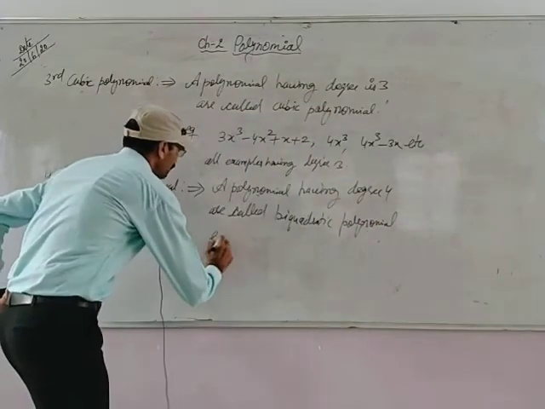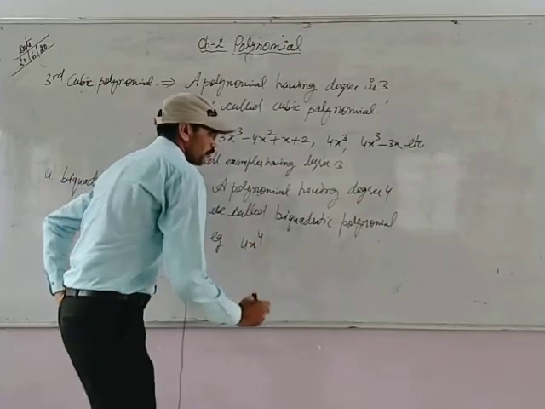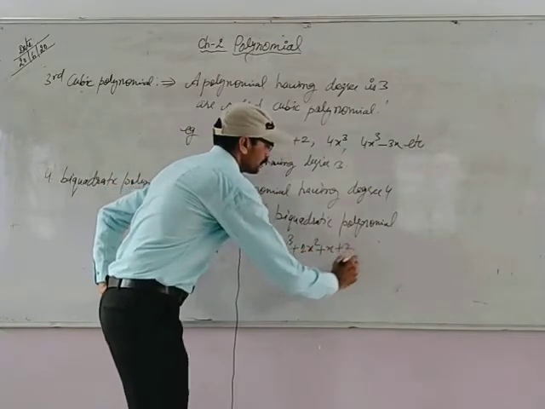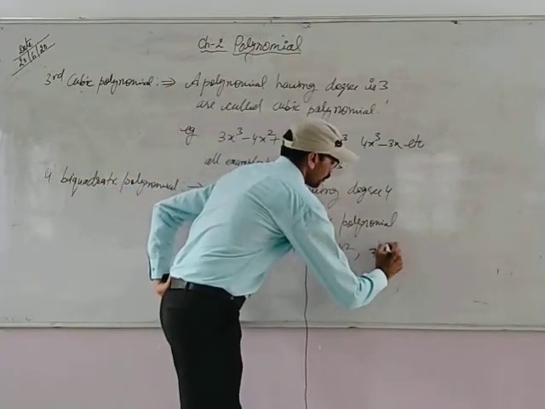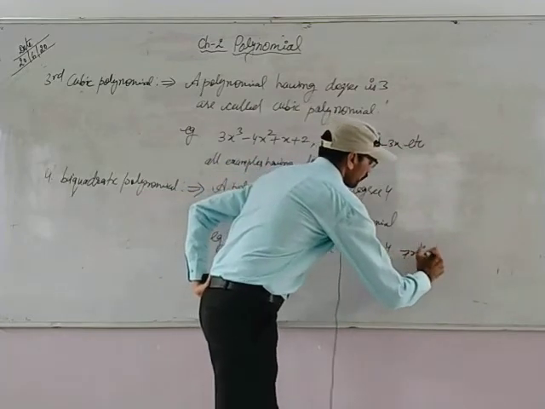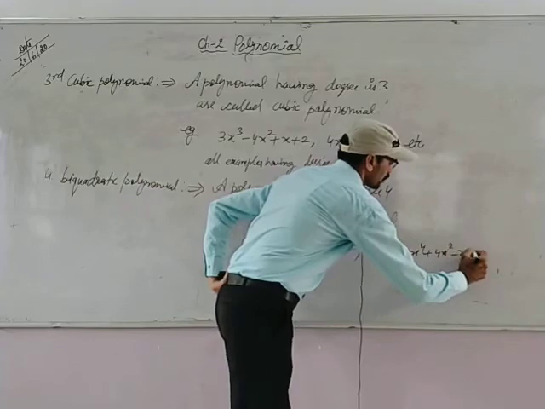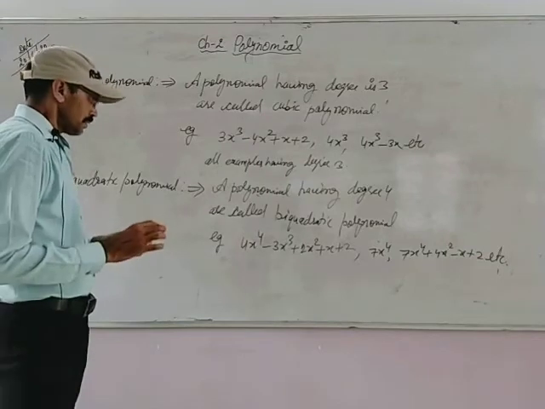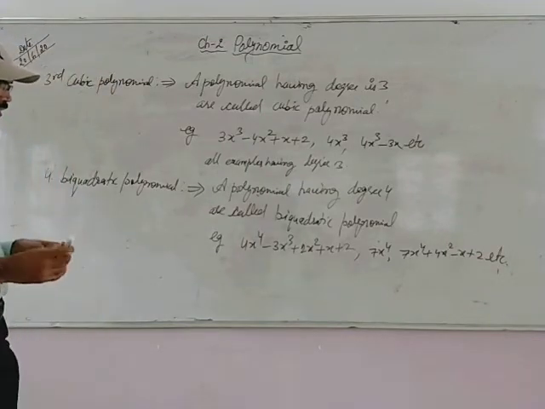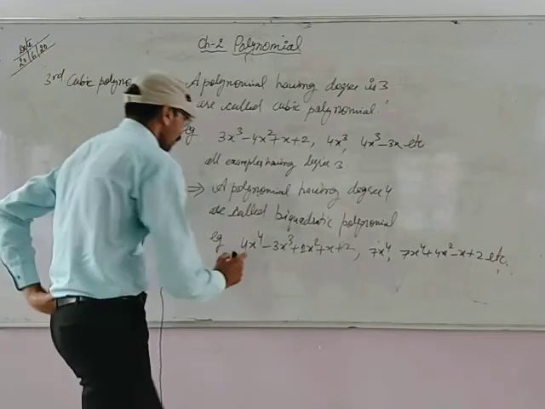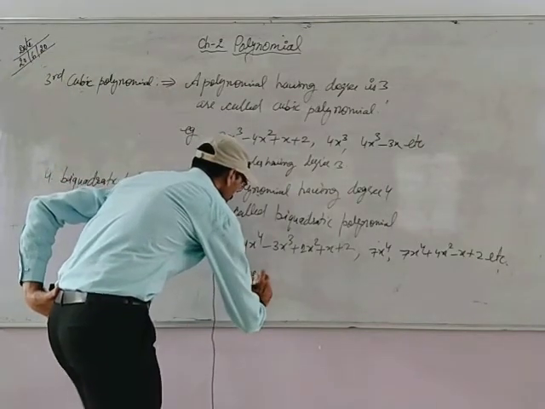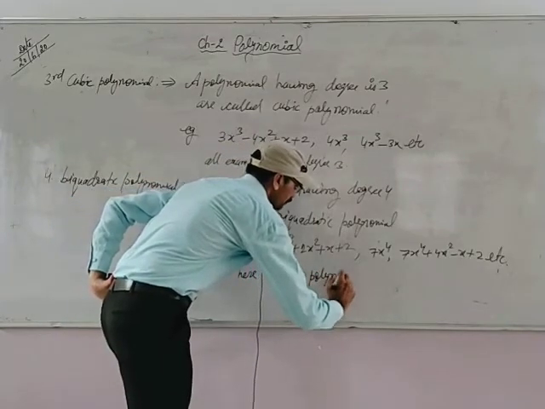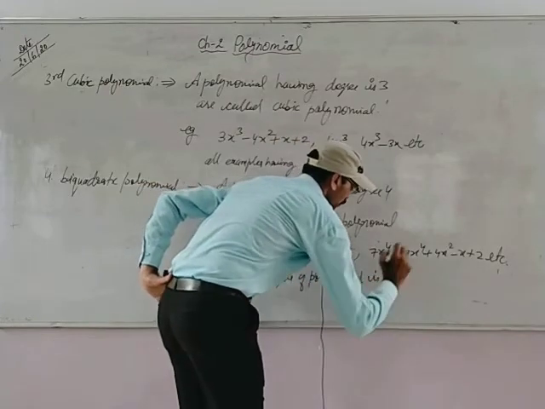Here example, 4x raised to power 4 minus 3x cube plus 2x square plus x plus 2, 7x raised to power 4, 4x square minus x plus 2, etc. Here degree of the polynomial is 4.